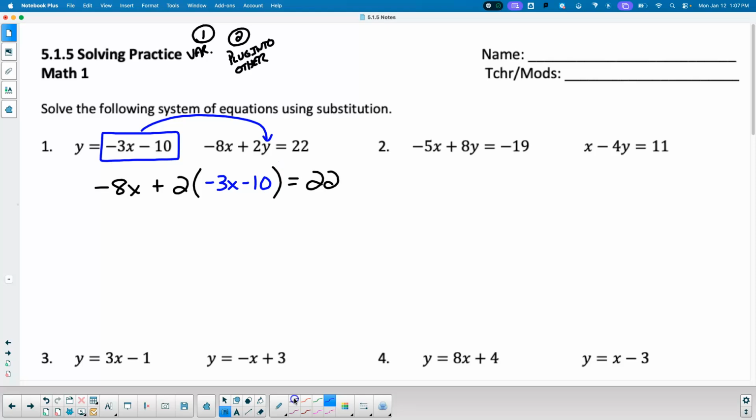Okay. Then step 3 is we're going to solve that. So I'm going to distribute this positive 2 into both of those. We can combine some like terms.